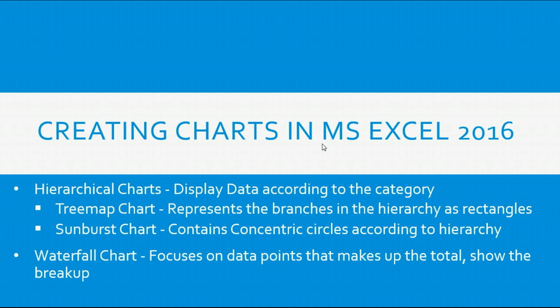Let's take one example. Suppose in our school we are going to start class 11th, and there are two streams in class 11. Generally there are three streams, but our school is providing two streams. First is science, second is commerce. In the science stream there are different subjects: physics, chemistry, bio, computer science, like that.